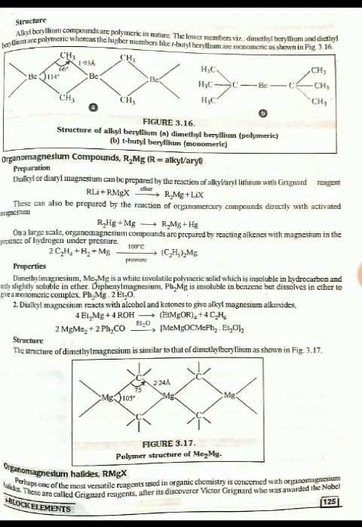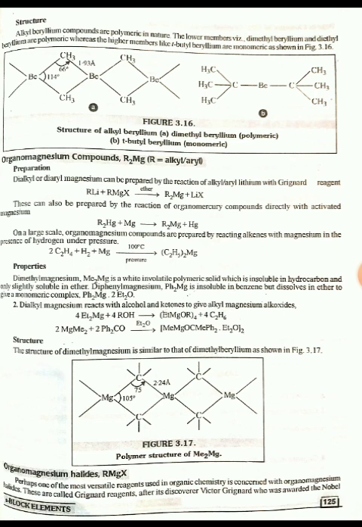Structure. Alkyl beryllium compounds are polymeric in nature. The lower members, dimethyl beryllium and diethyl beryllium, are polymeric, whereas the higher members like di-tert-butyl beryllium are monomeric, as shown in figure 3.16.